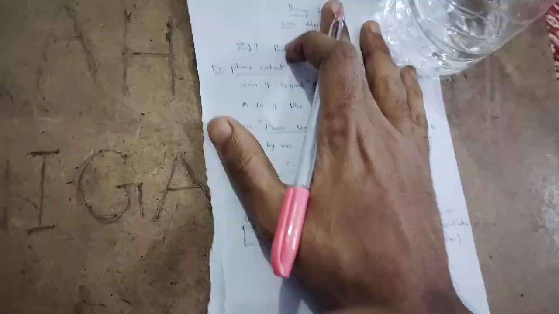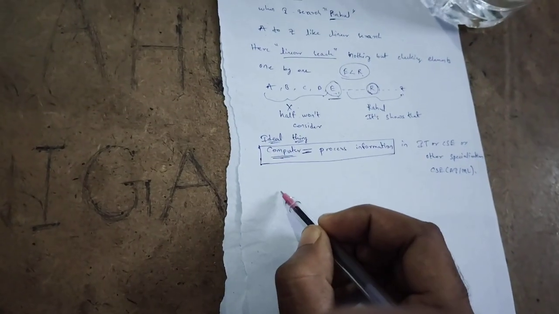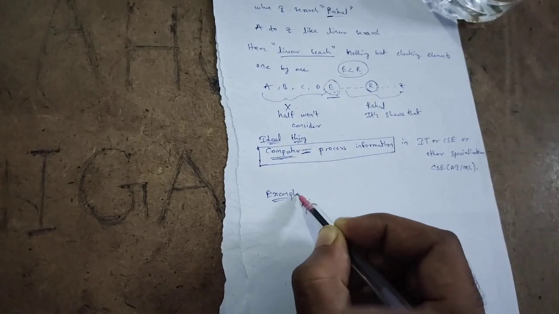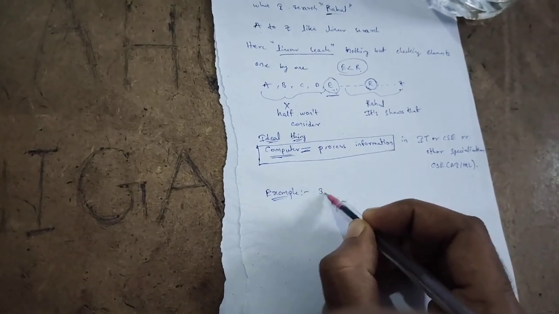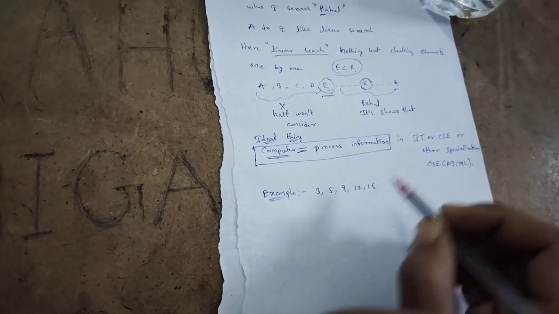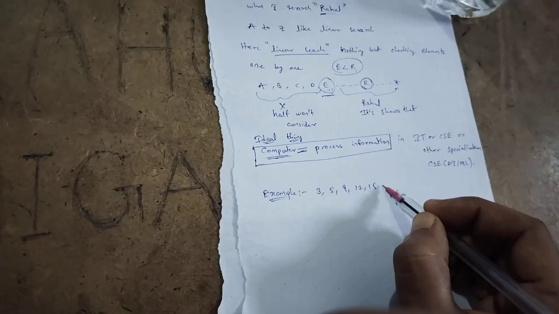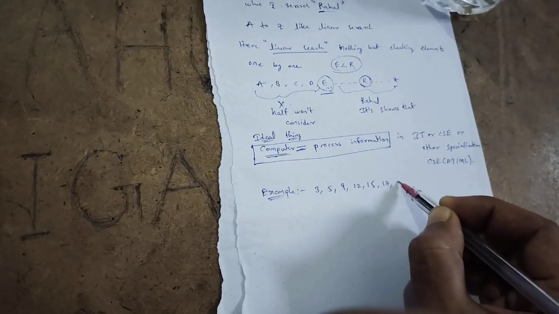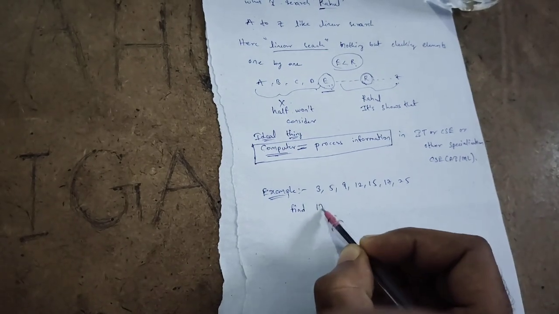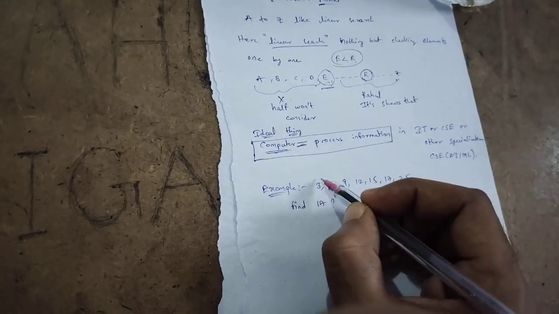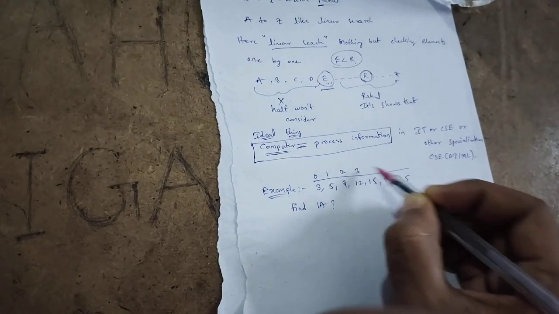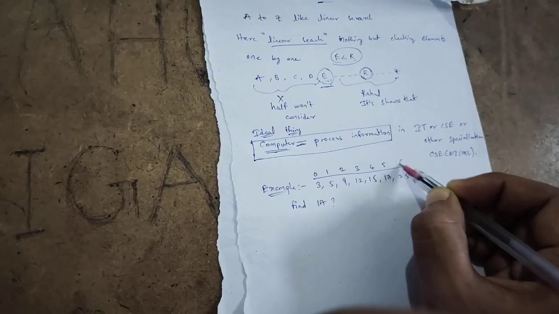So here let me take a practical example: 3, 5, 9, 12, 15, 17, 25. Let's find 17. This is the question. We know the indices are 0, 1, 2, 3, 4, 5, 6.